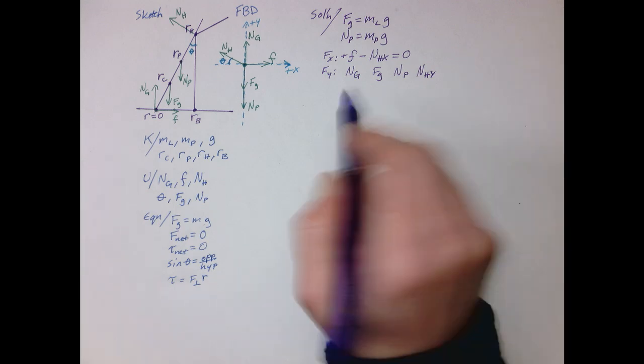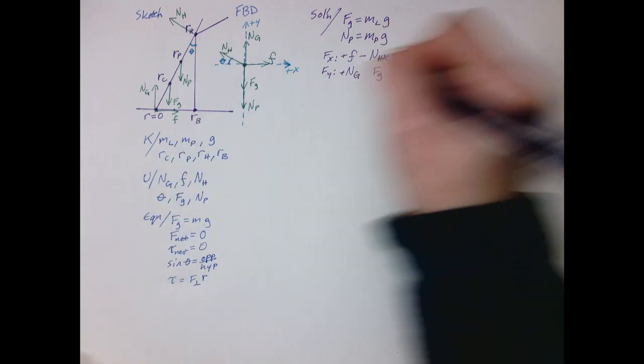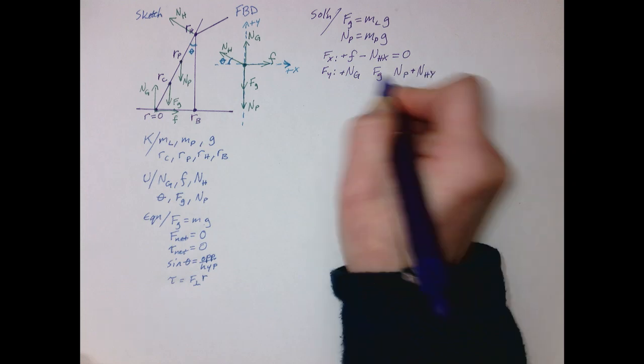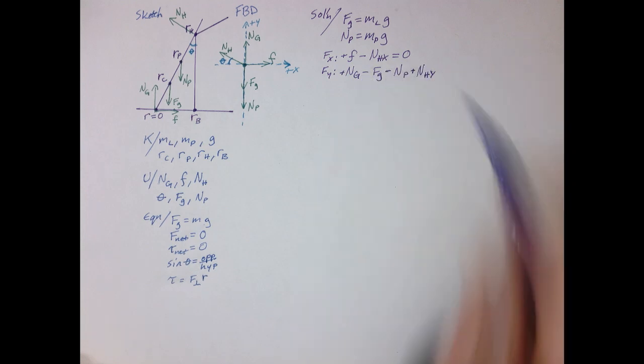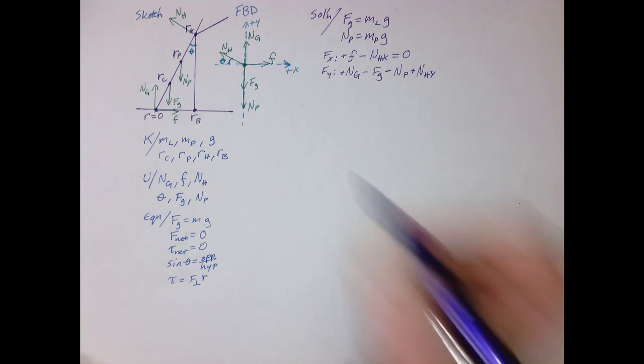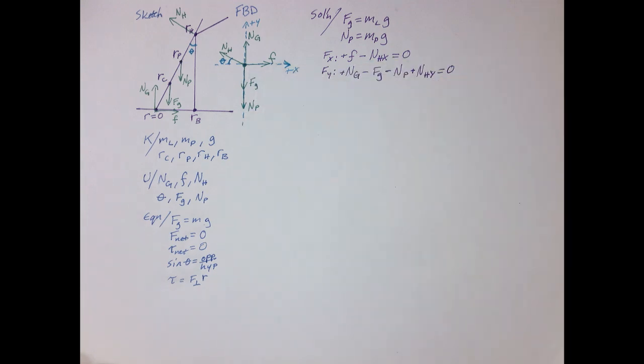The normal force from the ground and from the house both have positive y directions in our coordinate system. And the force due to gravity and the normal force from the person both are in the negative y direction. And the sum of all these forces equals 0, since the net force equals 0.